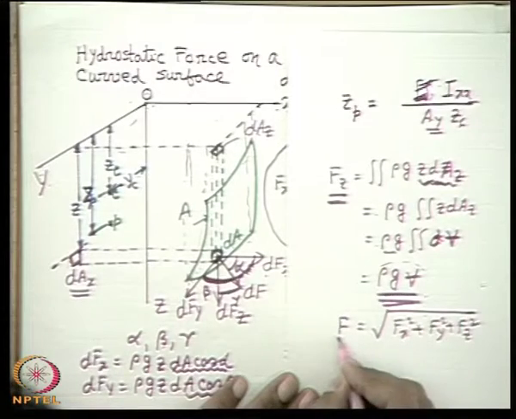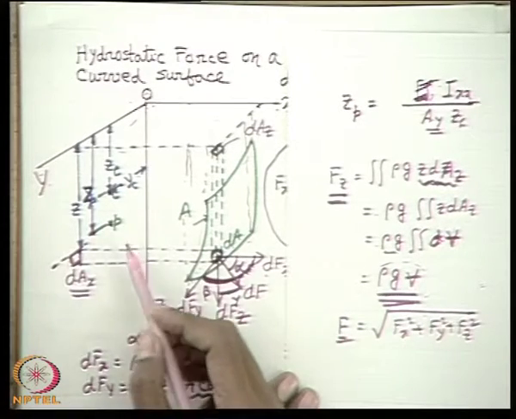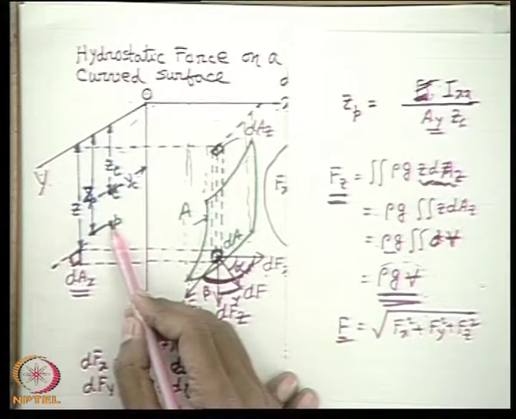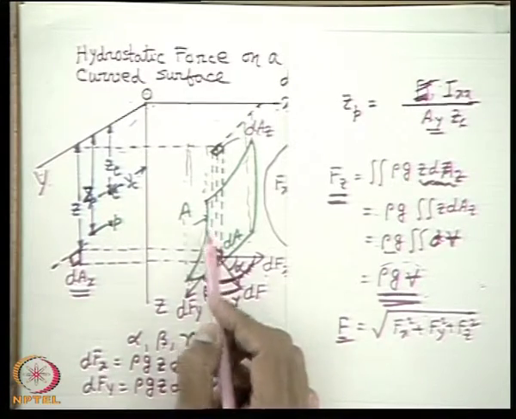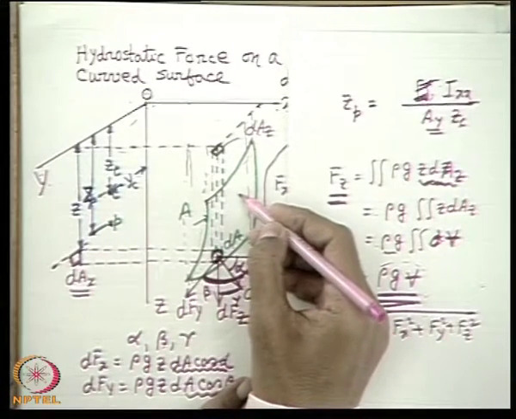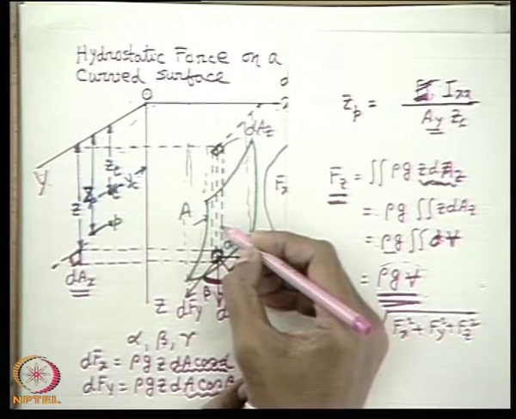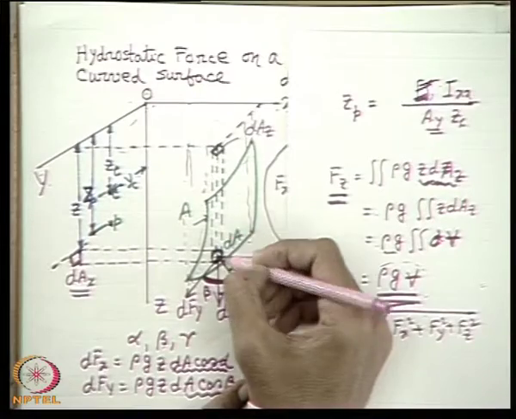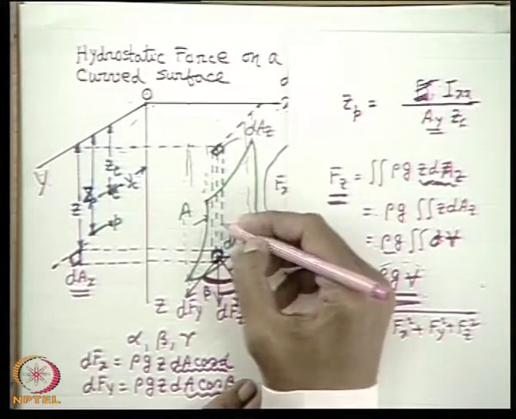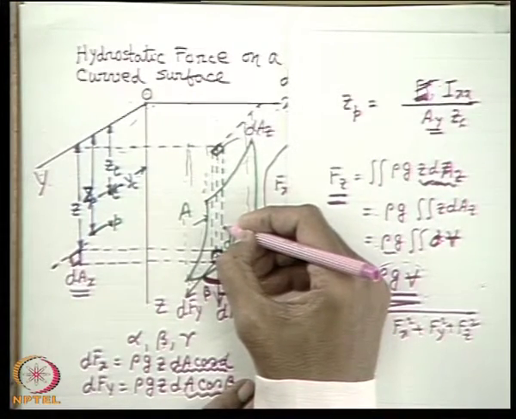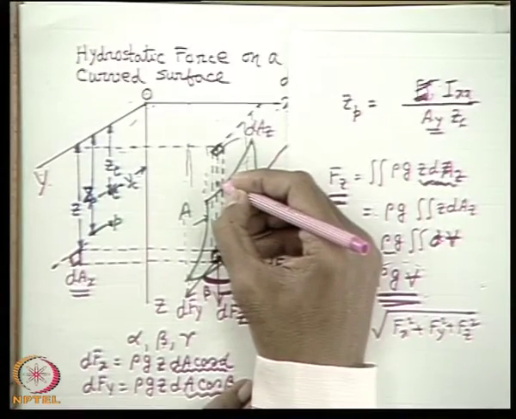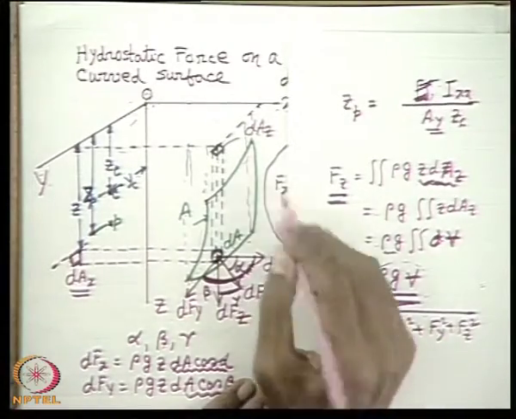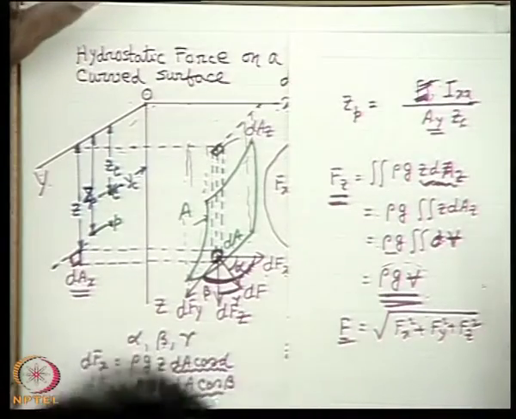But the point of application is difficult in the sense that we can find the force in the x direction and the application in the y direction, and the meeting point, the midpoint, we know, and if we draw a vertical line through it, then the actual force will pass through this point, which will also go through the center of volume. So this I will explain while solving a problem.